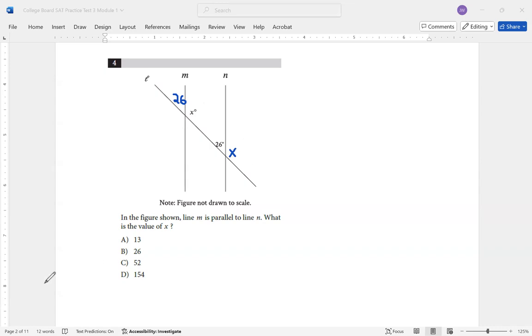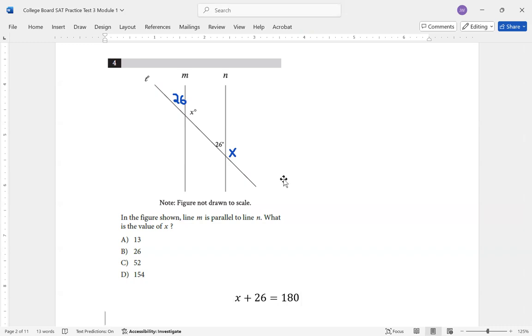So in either situation, what we're getting is that X plus 26 degrees is on the same line. X plus 26 has to be equal to 180 because we know that the number of degrees in a straight line is going to be 180. So when you subtract 26 from 180, you end up with 154.